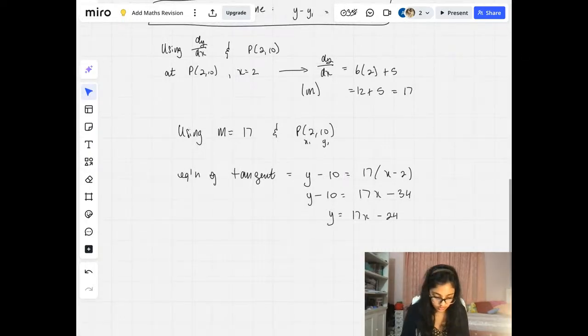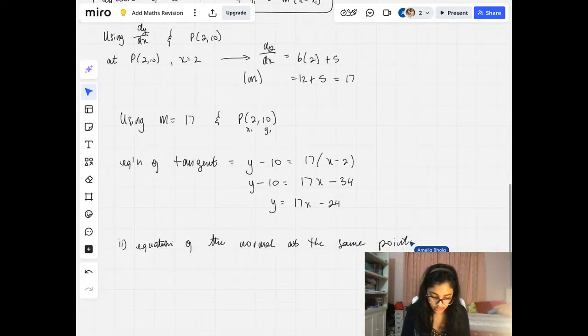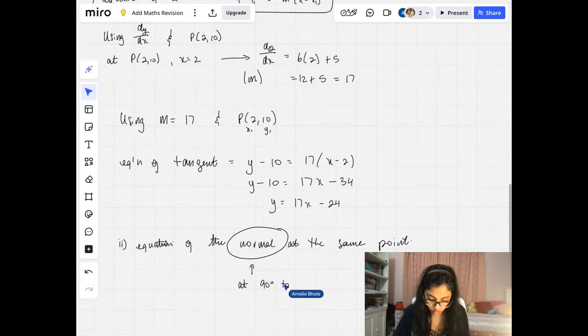Yes. Now the second part says I want to find the equation of the normal at the same point. So the keyword here is normal. The normal is perpendicular, or at 90 degrees, to the tangent.